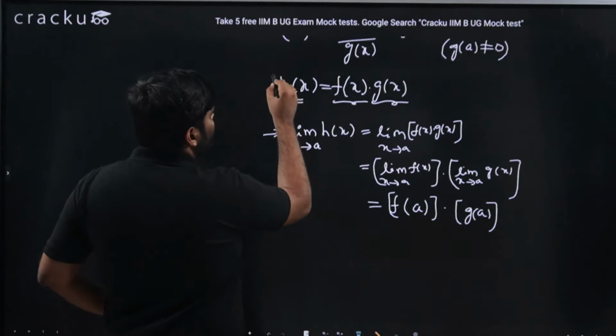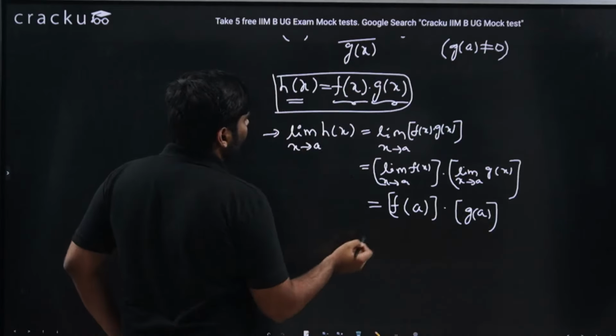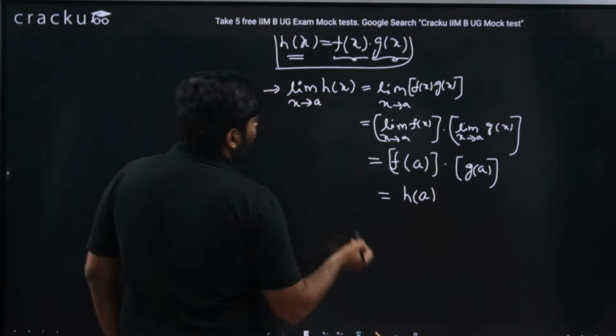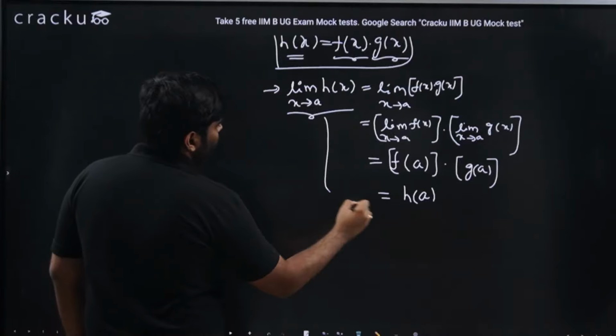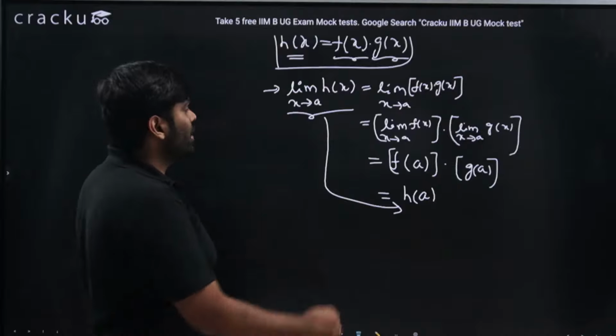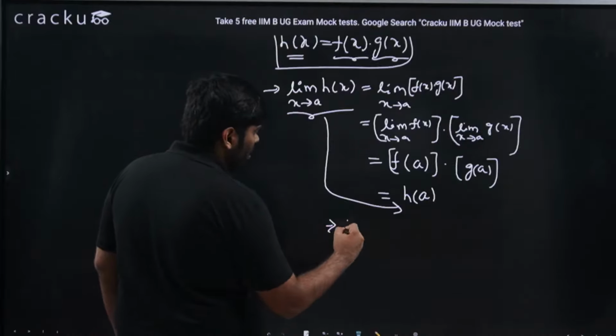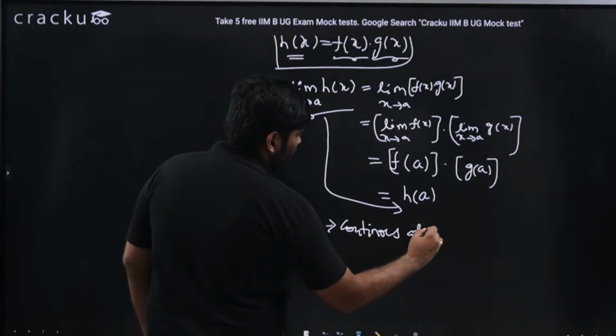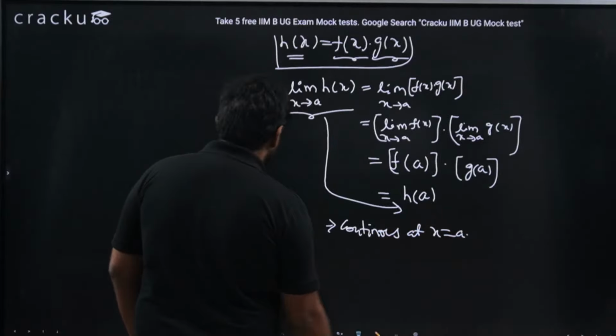But what is f of a into g of a? It is nothing but h of a, because h of x is just the product. So we have proved that the limit as x tends to a of h of x is equal to h of a. Once we prove this, it's done. We can say h of x is continuous at x equal to a.